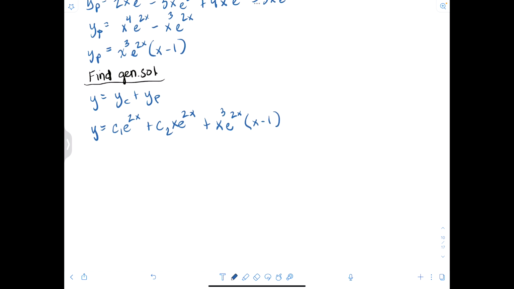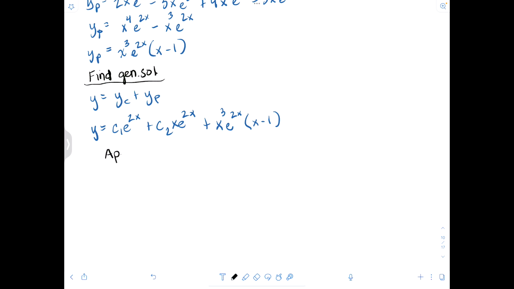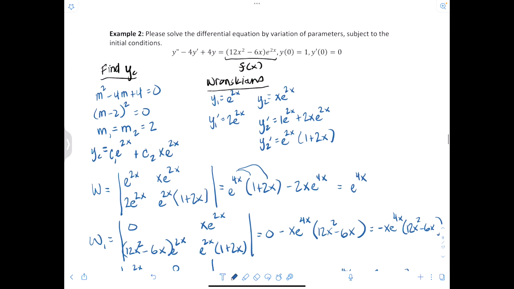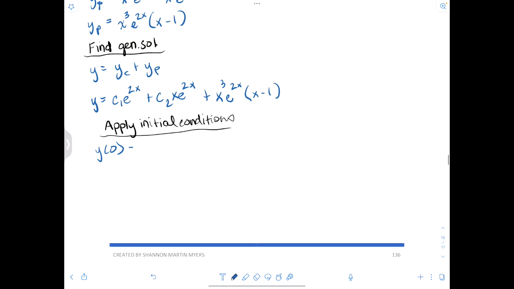Now, let's apply our initial conditions. So, y at 0 was equal to 1, and y prime at 0 is 0.